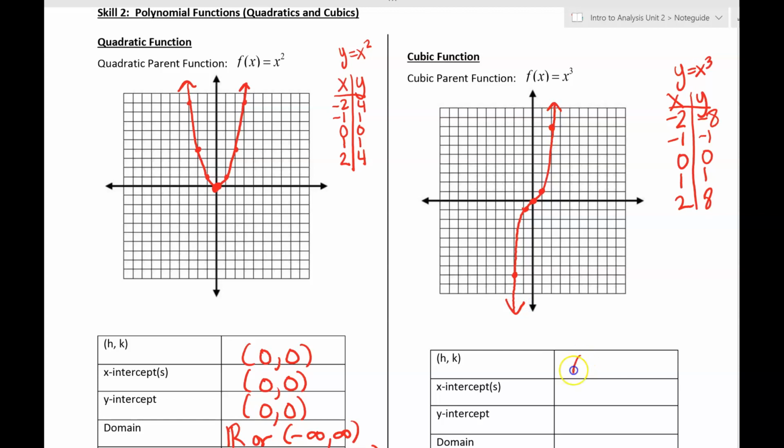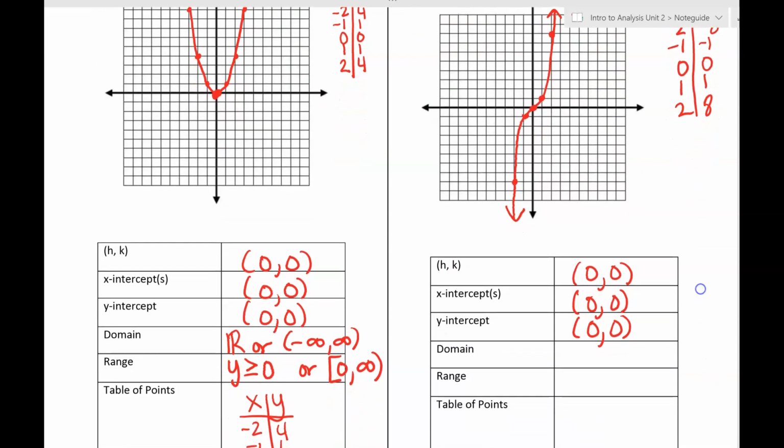And again, with the parent function, that turning point, or what we would call a point of inflection in this graph, the h and k is 0, 0, and it also happens to be the x-intercept and the y-intercept. The domain is all real numbers because, again, you can cube any number and get any values. And with the cubic, the range is also real numbers because we can get negatives and positives and zeros in every different value.